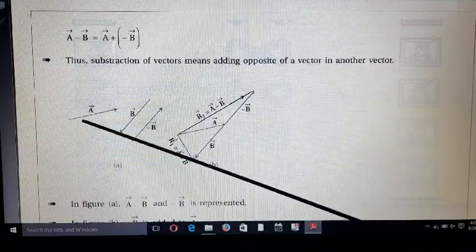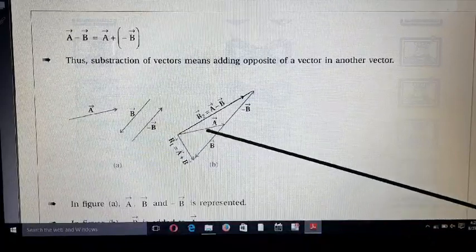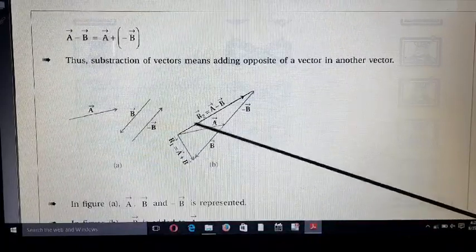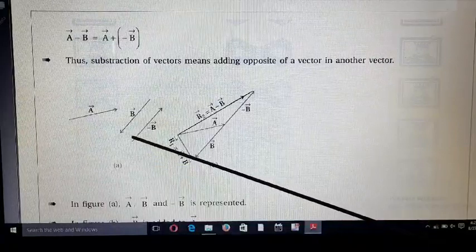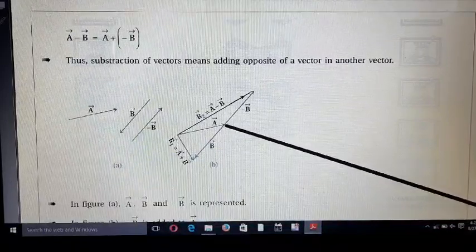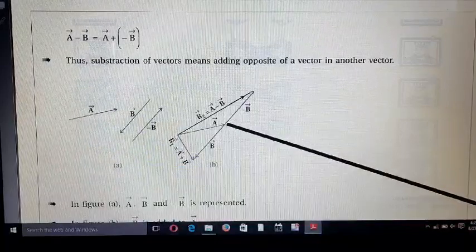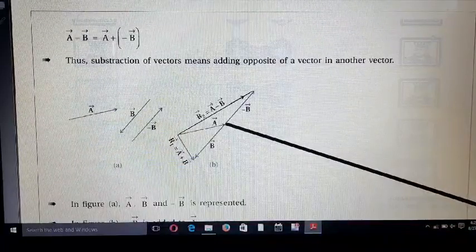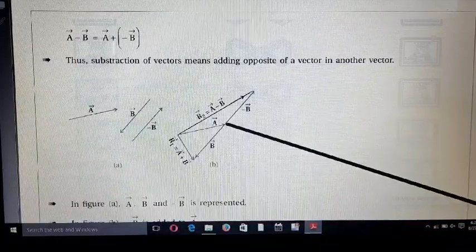Okay. Now we take first vector A. Look here, we draw here. This is vector A. And the tail of the vector minus B is put on the head of vector A. Look here at that point.